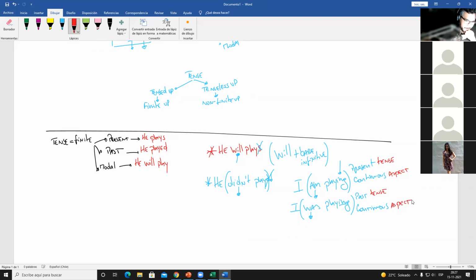Ese es el nombre de verdad: present tense continuous aspect. Lo de aspect no lo vamos a tocar, solo les digo que existe. Se llama continuous aspect cuando aparece el ing. Pero el past tense es lo que nos importa. ¿Cómo sé que es past tense? Because of the presence of the auxiliary verb was. ¿Se entiende, no, chiquillos?